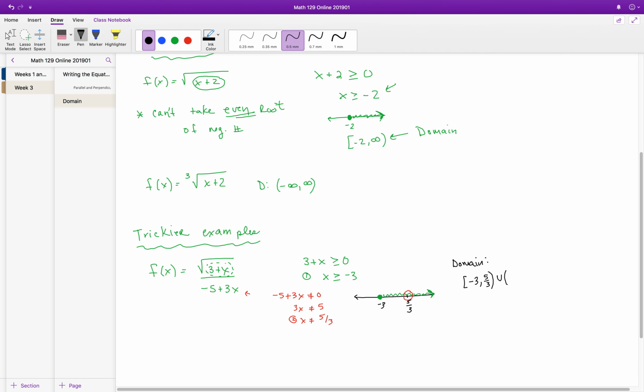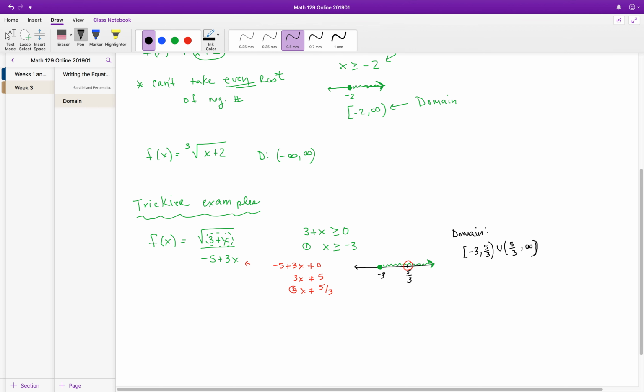And then we pick up on the other side of 5/3 and go on to infinity. That's round, whether it looks like it or not. The intent there is that that's a round parenthesis. So that's the best way to think about those.